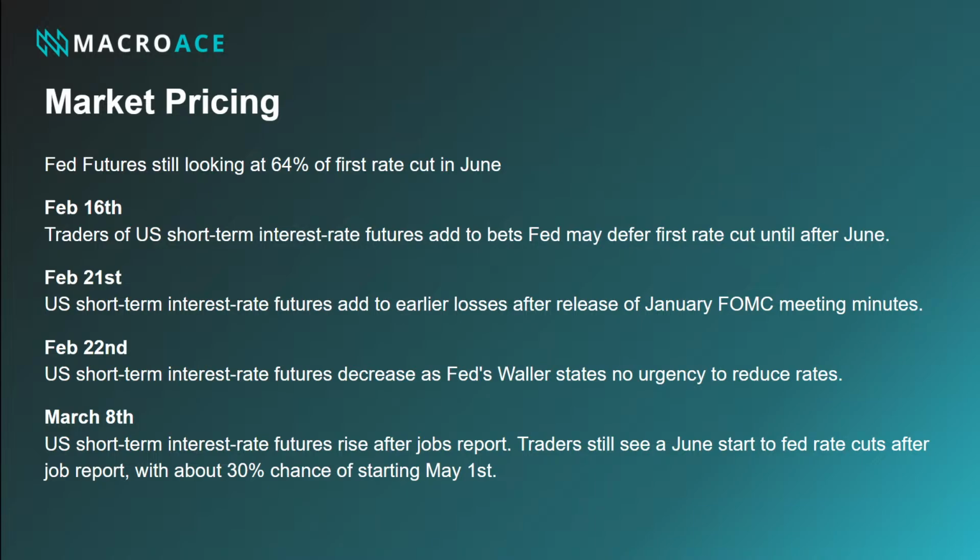So stronger than expected data, June is a more likely scenario, maybe even into July. Weaker than expected data, June will probably still be the scenario, but the likelihood of May then also picks up if the data is much weaker than expected.